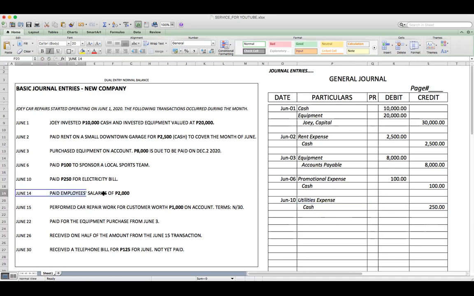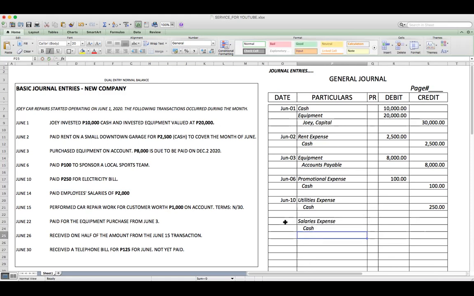Pagkatapos naman, diretso na tayo sa June 14. Paid employee salaries of 2,000. So again, nagbayad tayo na naman ng cash. So unahin na natin ang cash. I-credit na natin para mas mabilis kayo at mas madali. Susunod na tanong, ano naman ang ating binayaran? Salaries. So salaries, expense.